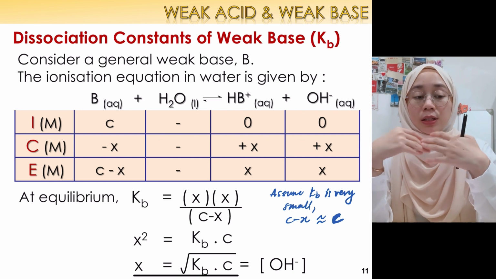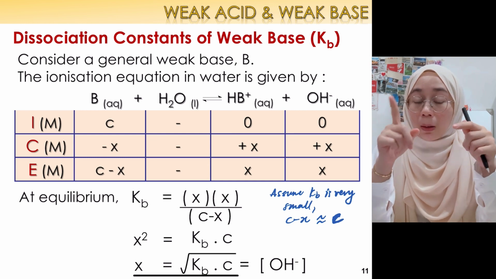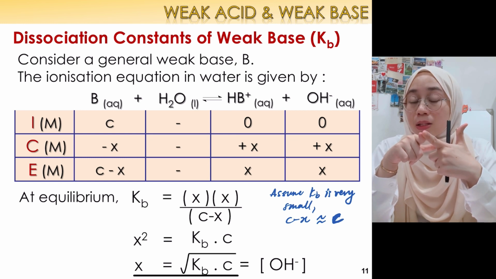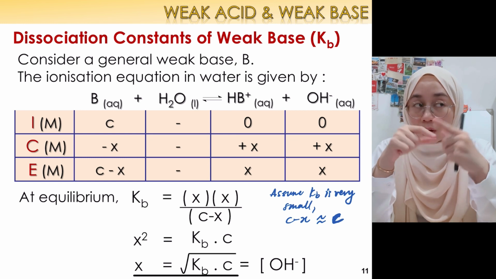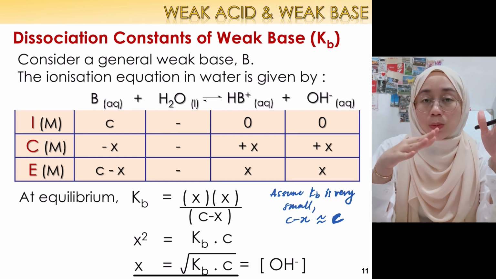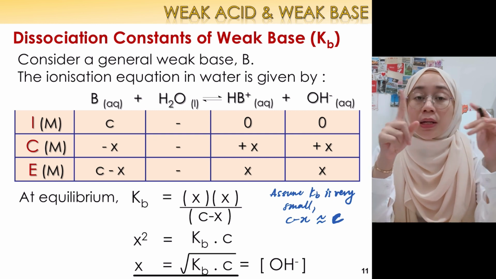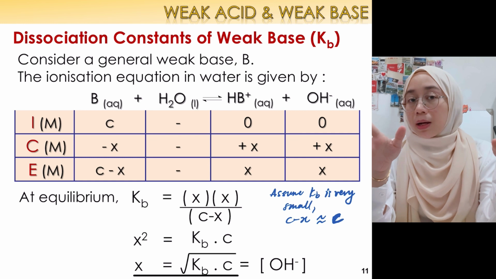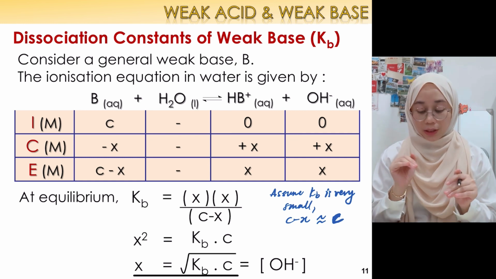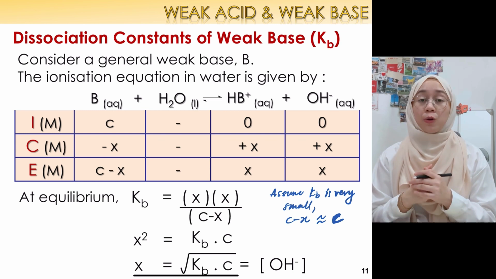If the concentration of a strong base is given, automatically it is also the concentration of OH minus. But when we have a weak acid or weak base, it is not as simple as that, because we know that it only partially dissociates. So if there are 10 molecules of our weak acid that dissociate to produce H plus, maybe only one does. In that case, can we assume the concentration of weak acid is the same as the concentration of H3O plus? No, it is not the same. That is why we need to use the ICE table to find the concentration of H plus or H3O plus and also OH minus.